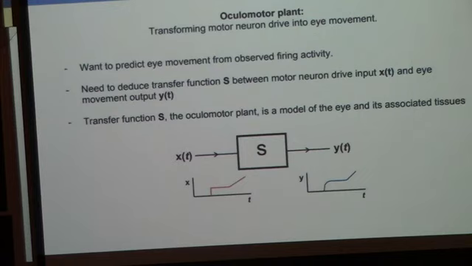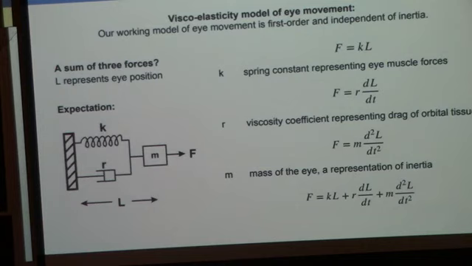So what we're trying to figure out is what is the transfer function that allows this firing to somehow translate into eye movements. And to develop a model for that, we basically have this viscoelastic model of eye movement where you have 3 important terms. The first is F = KL, wherein K is basically the spring constant that represents eye muscle forces.